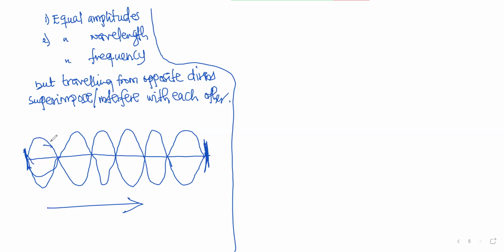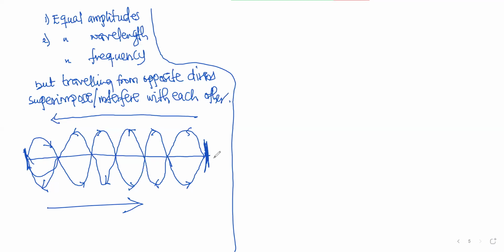So we have the incident wave, then we have the reflected wave. The reflected is from right to left, whereas the incident is from left to right.